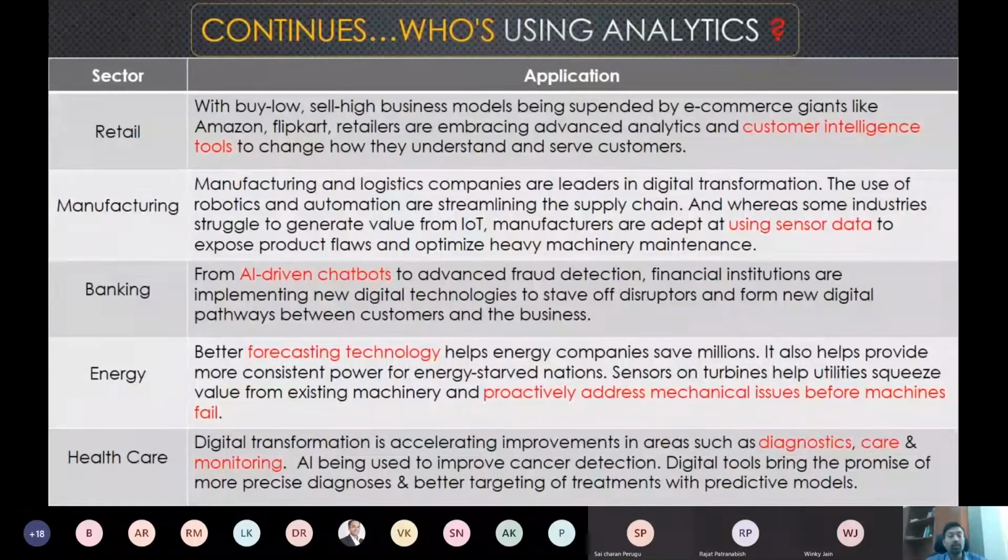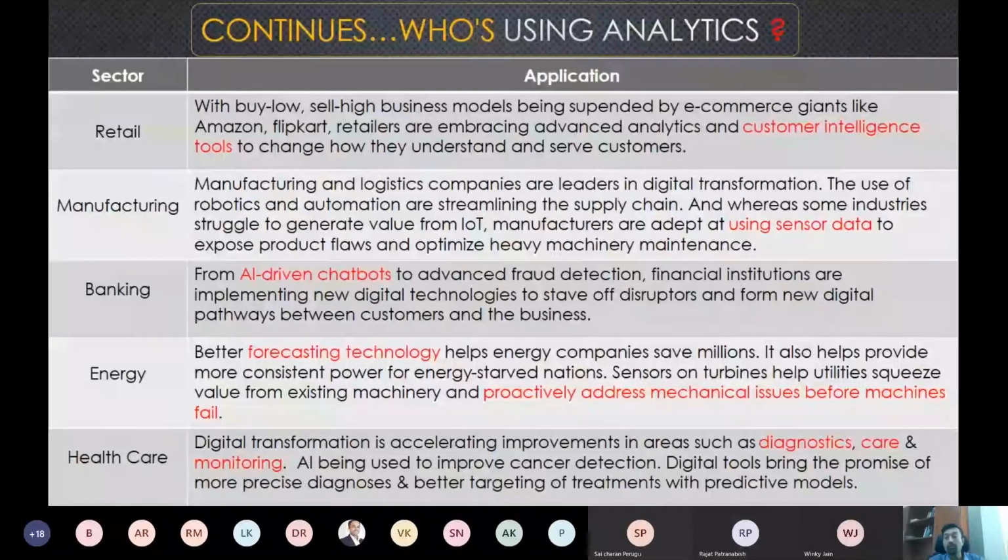And ultimately, the theme of the day is healthcare, right? How much value can we drive by using analytics in healthcare? That's most important to understand. Digital information is accelerating improvements in areas such as diagnostics, care, and monitoring, with AI being used to improve even cancer detection.